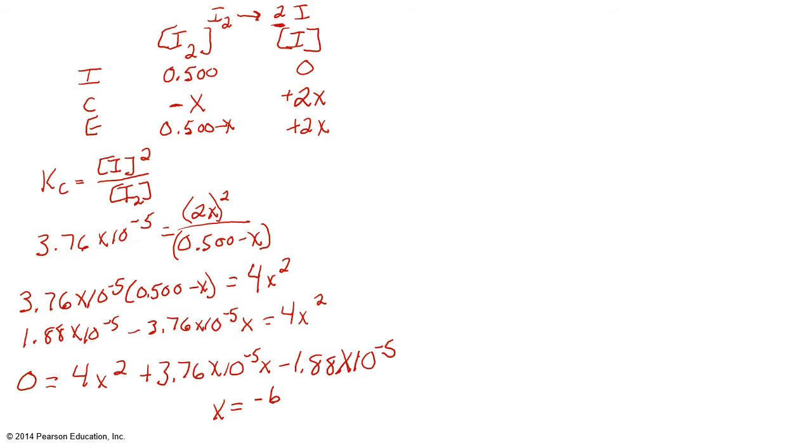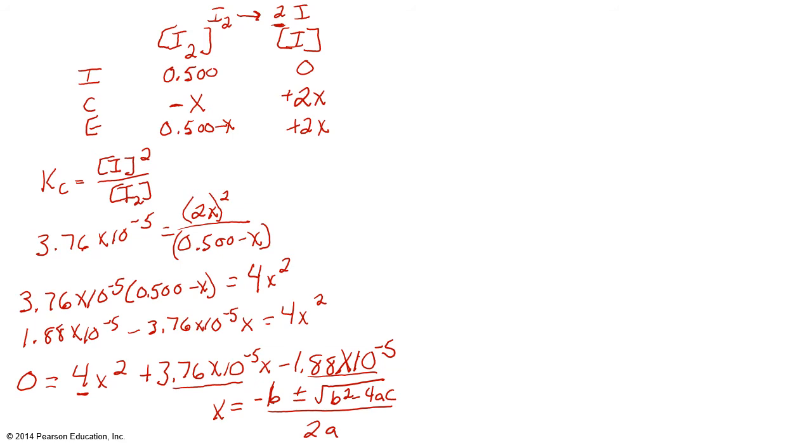So minus b, which would be the 3.76 times 10 to the negative 5th, plus or minus the square root of b squared minus 4ac. So a is 4, c is our constant, all divided by 2a.